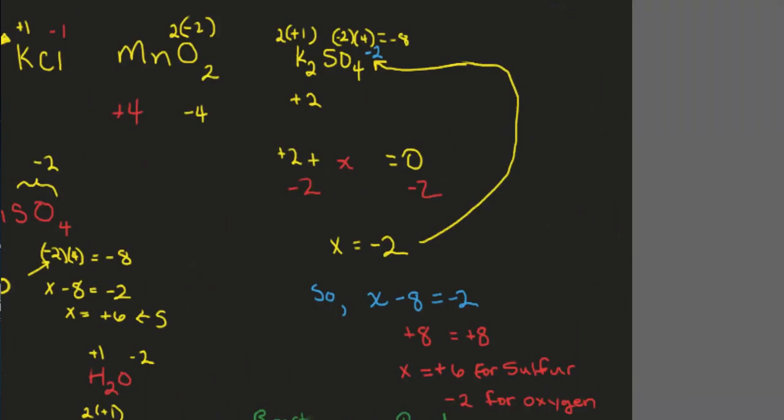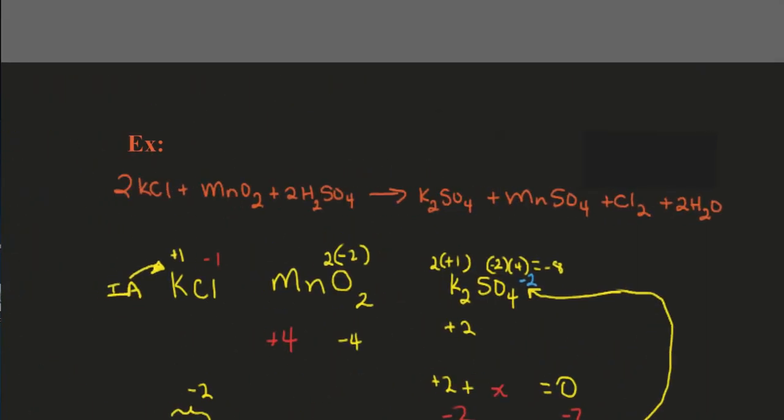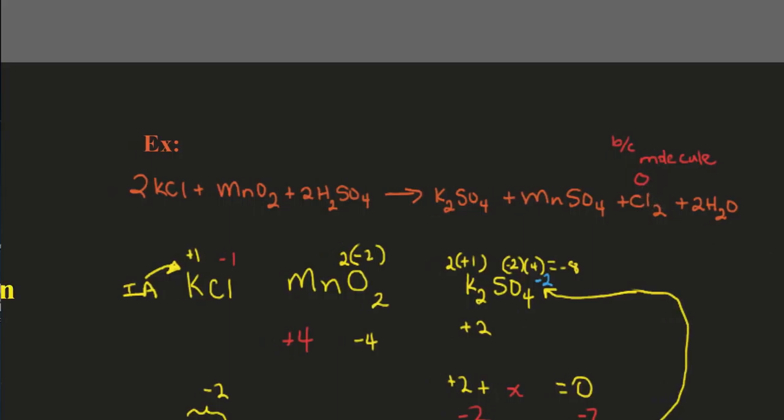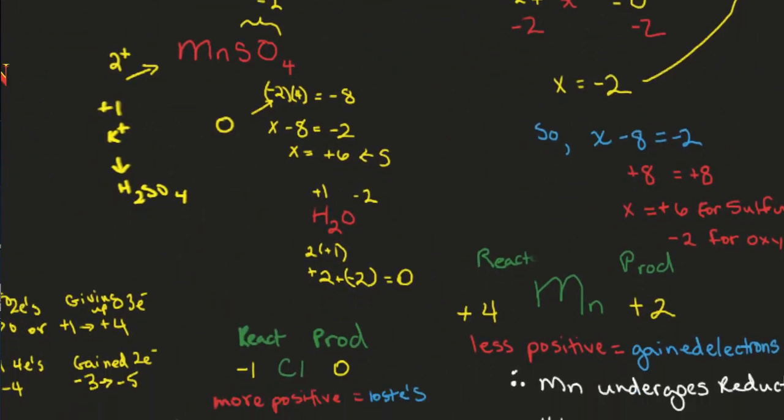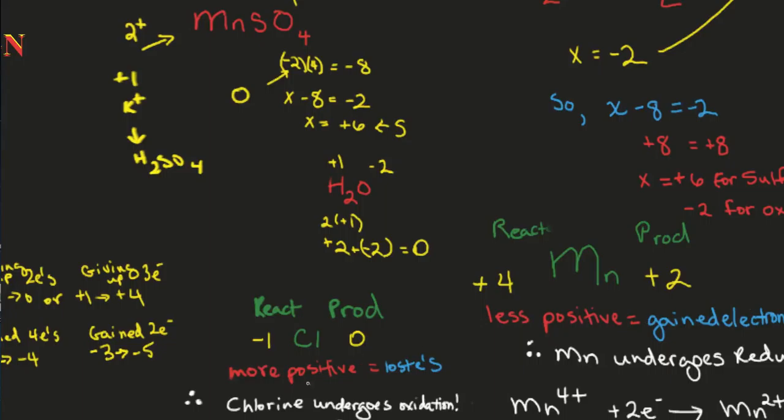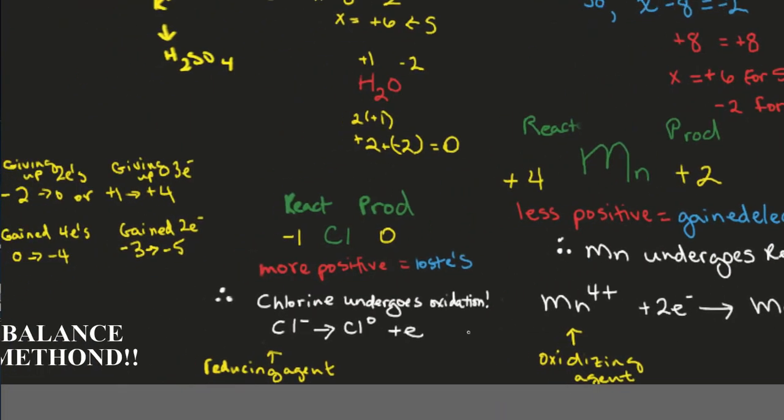So now let's look at chlorine. Oh, I didn't do the chlorine by itself up here. Remember, because the chlorine is diatomically bonded to itself, there is going to be a 0 charge. It's a molecule. There's nothing else to compare it to. All those that are bonded to themselves are going to be 0. So it was -1, then 0, so it became more positive, therefore it lost an electron, and chlorine undergoes oxidation, and there would be a half reaction.